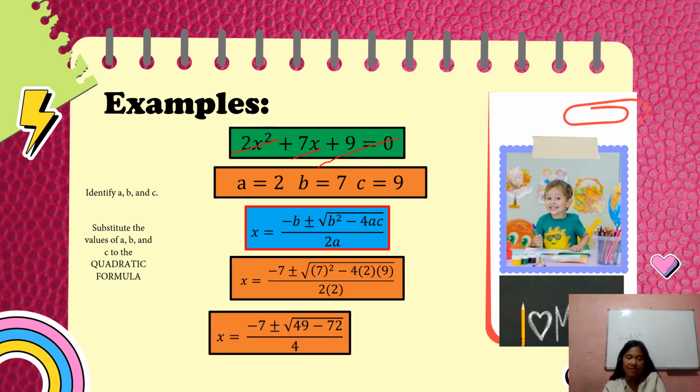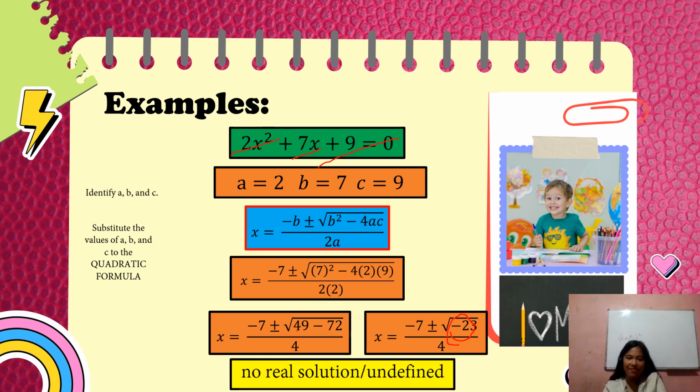Yes, it's 72. Now, what is the result of 49 minus 72? It's -23. Take note that whenever there is a negative sign inside the square root, our answer for the values of x is undefined or no real solution.